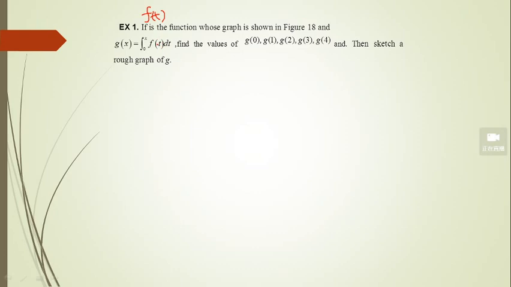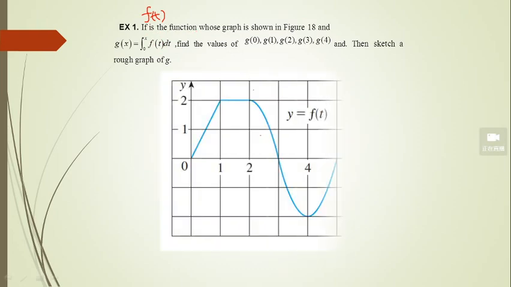If f(t) is a function whose graph looks like this one, and we define g(x) as the definite integral from 0 to x of f(t) dt.